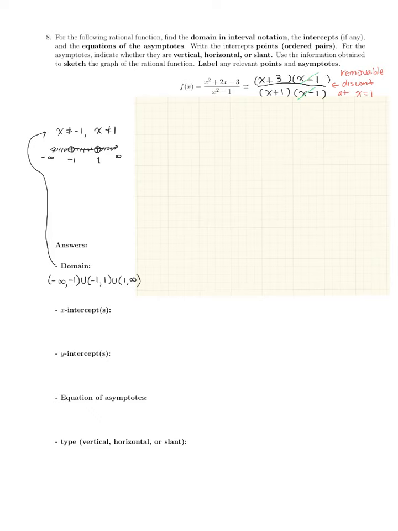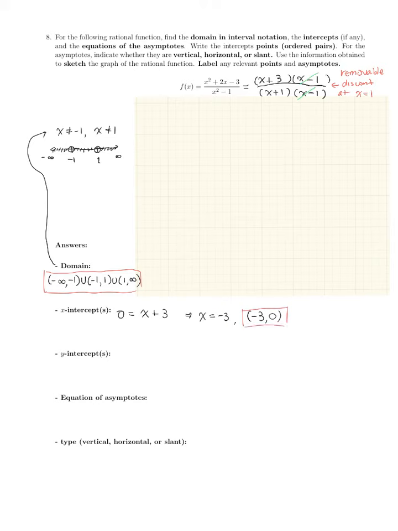So set the numerator equal to 0 and solve for x. That implies that x is negative 3. As an ordered pair, you have negative 3, comma 0. Let me just box the domain. And here is the x-intercept.